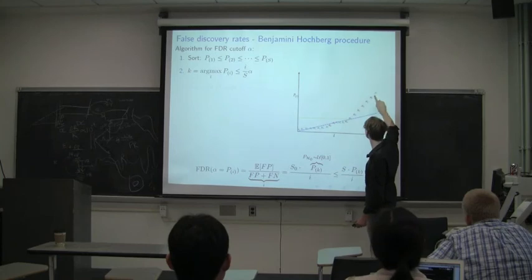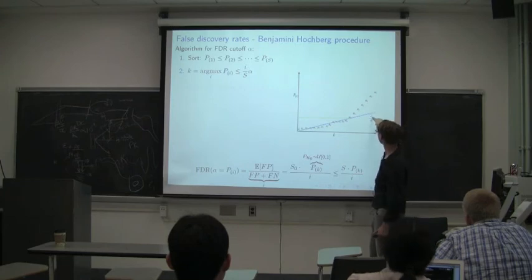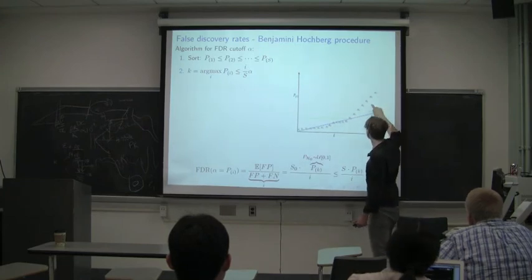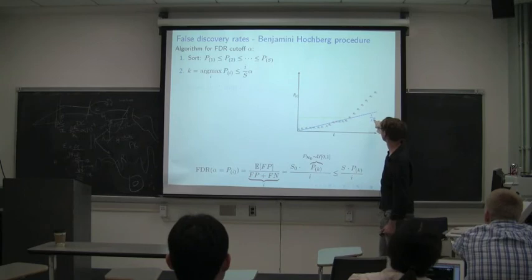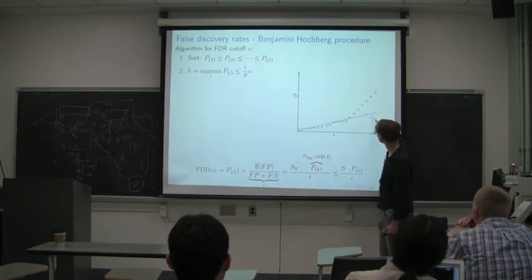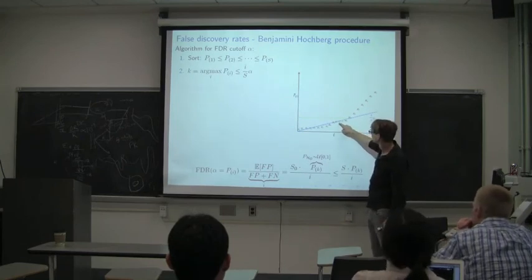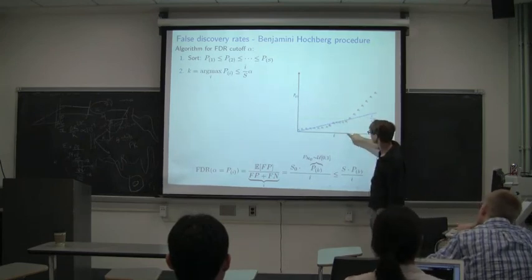There I just have a slope of 1 over S times the number of false positives I want to allow, and that is where I set my cutoff.